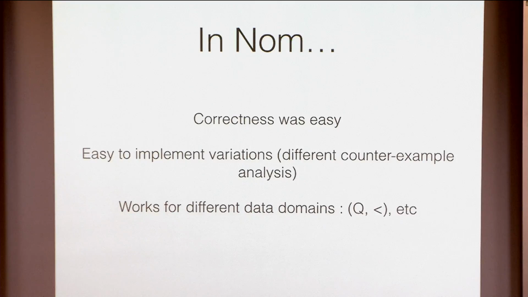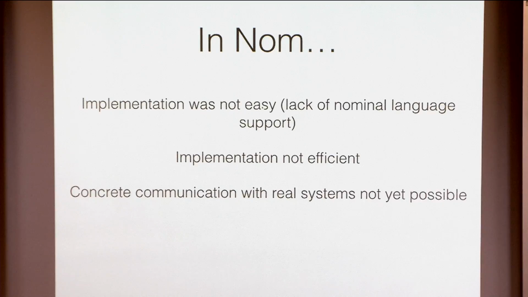So once you move to Nom, correctness is still easy because it's just a diagram from a couple of slides ago. It's very easy to implement variations because of the abstract perspective, and you can work in different data domains, which means you can implement even versions of timed automata. But not everything is easy.